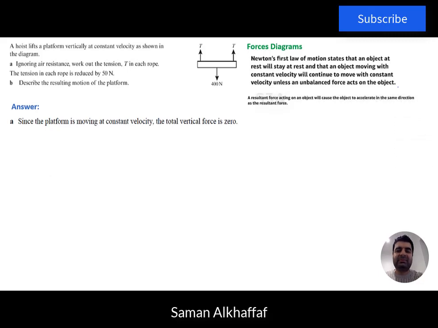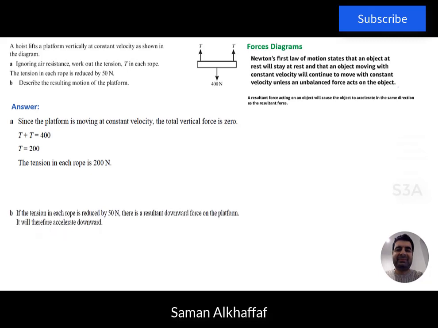So in terms of how we find the tension, we distribute across two locations, so it will be T plus T equals 400. So we have 2T equals 400, divided by 2, that will give us T being equivalent to 200. So the tension in each rope is 200 Newton.